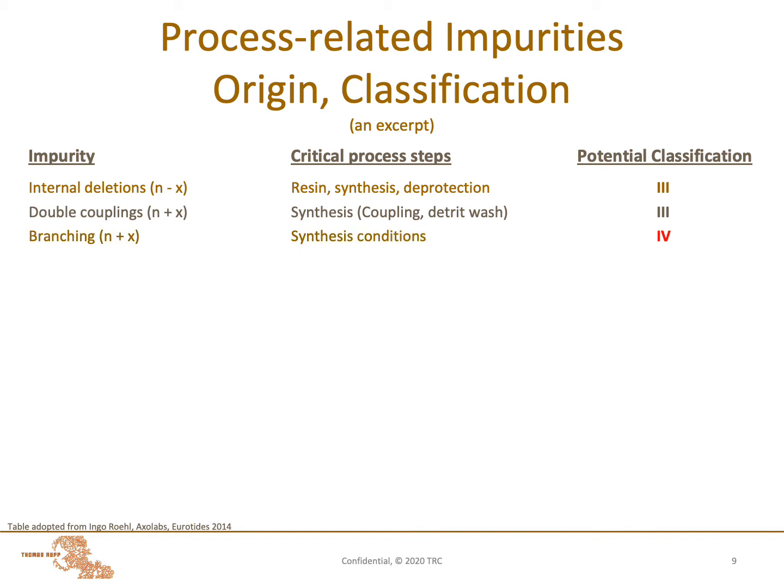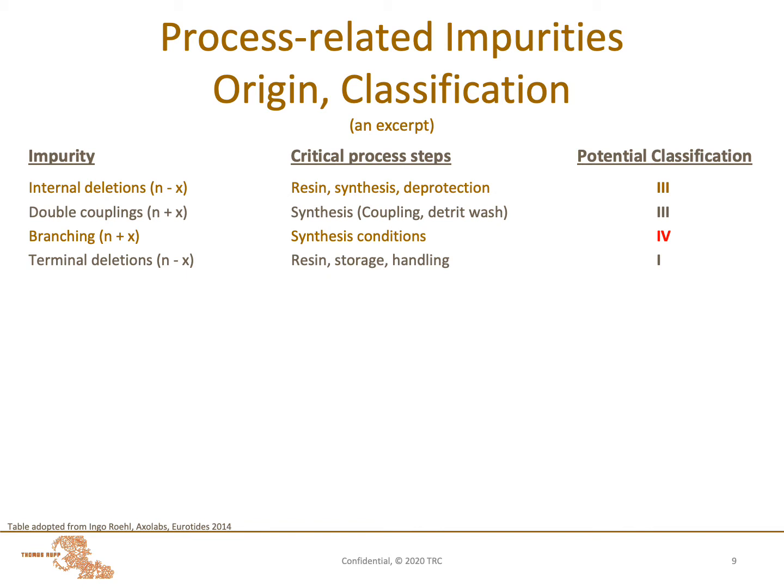Branching. Branching, for example, on inosine or, as described, on the O6 of guanosine. These are related to the synthesis conditions, and the branching is a non-naturally occurring structure, and I would classify that as a class 4, as a critical impurity.